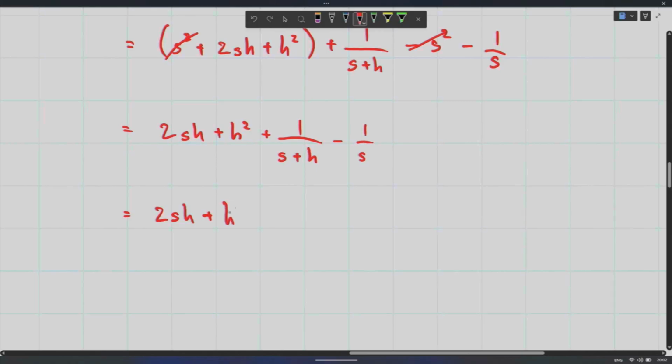Let's make it just one fraction. The denominators are s and s plus h.